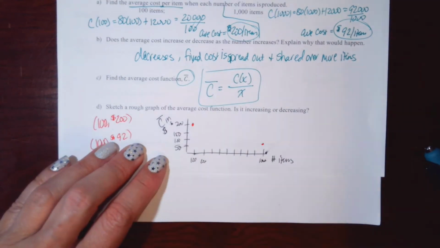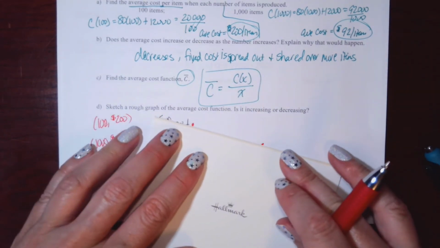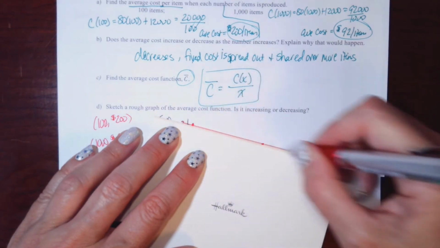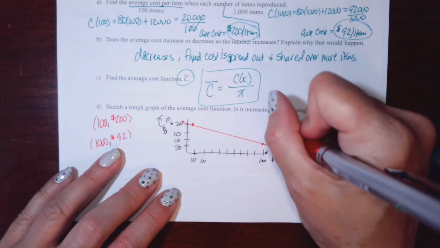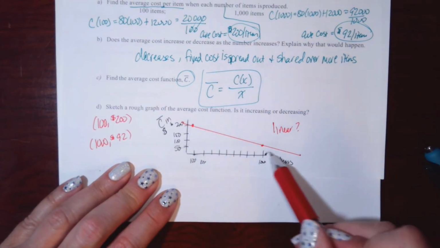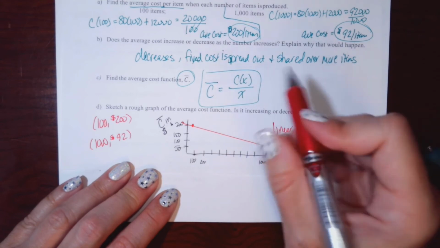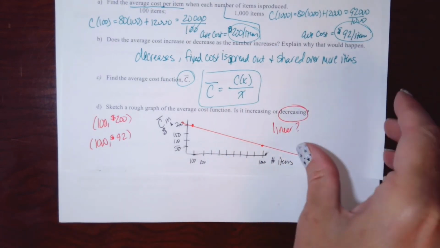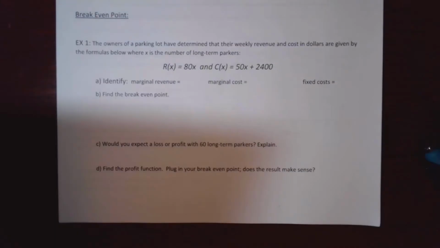And we can draw this as a linear function. Is it linear? Maybe not. It could slope. We're not sure. But what we are sure is that it is decreasing. Okay, next page.